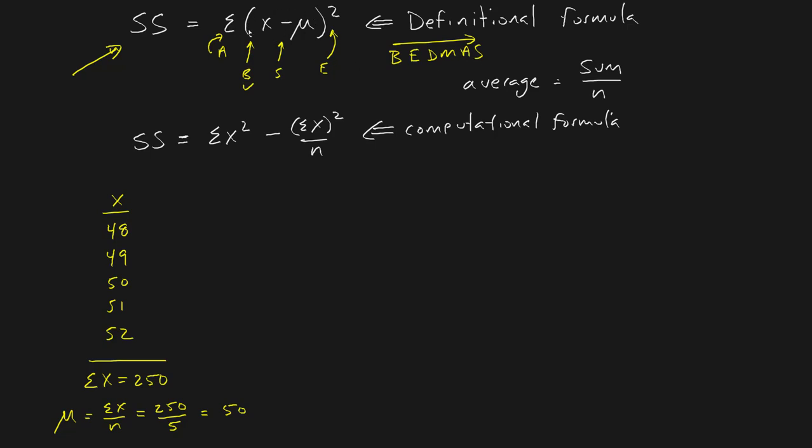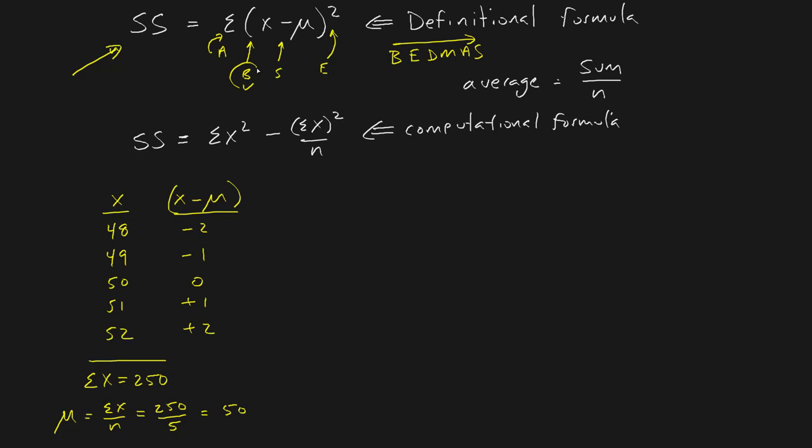We have subtraction inside our brackets, but because we do brackets first, I'm going to work out that subtraction in my first step. So 48, my first x, minus the mean, which is 50. 48 minus 50 is negative 2. Then my next x, 49 minus 50, is negative 1, and so on.